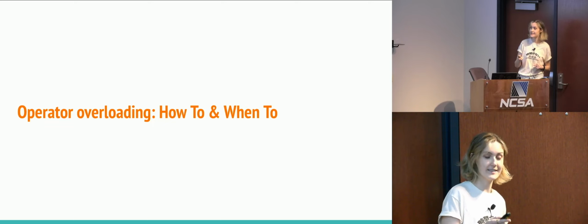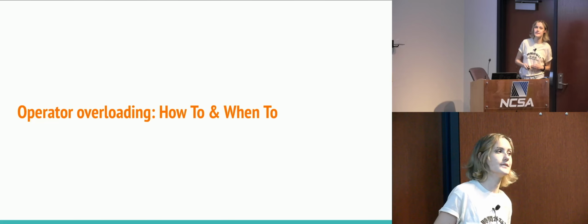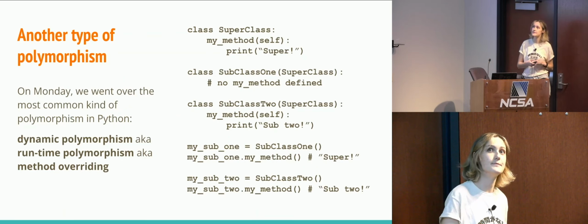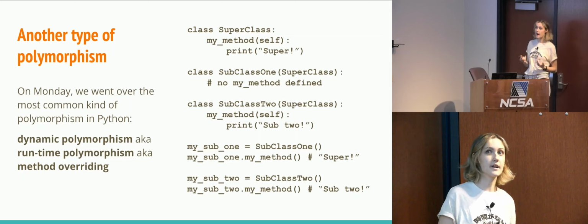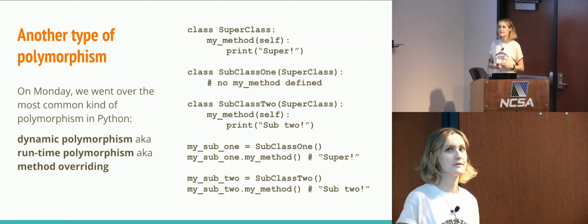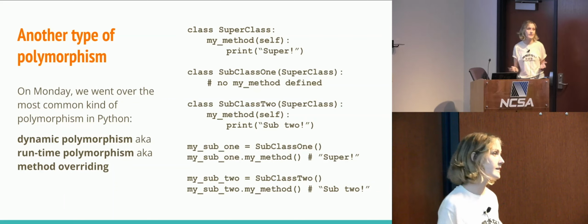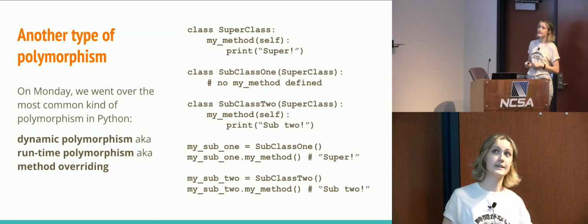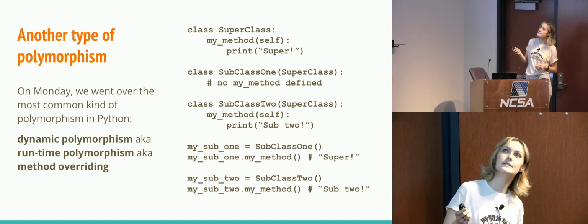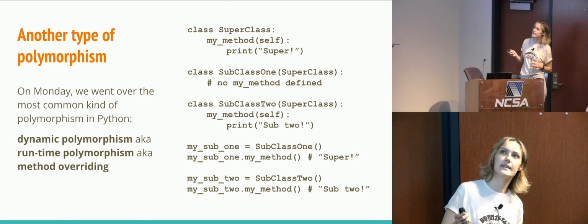Great. All right, so how to and when to. And this is, again, a revisiting of polymorphism. On Monday, we went over the most common type, which is dynamic or runtime polymorphism or method overriding. All of these are valid names for it. And this is essentially when we have a superclass here and a method.